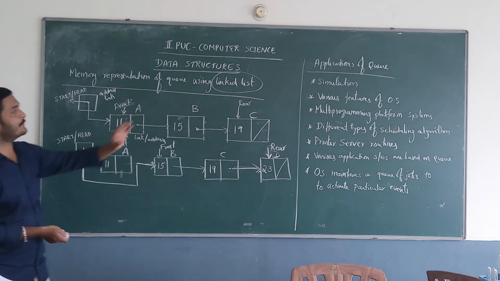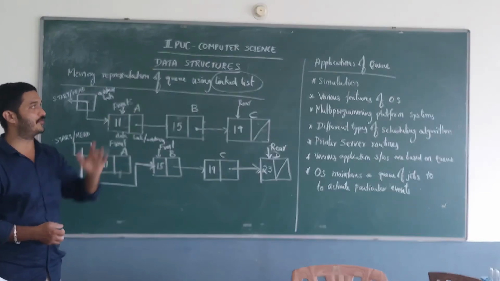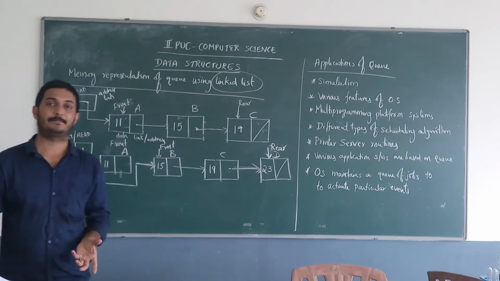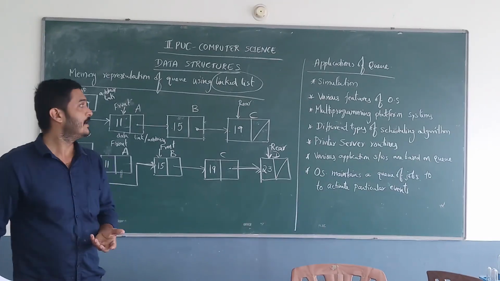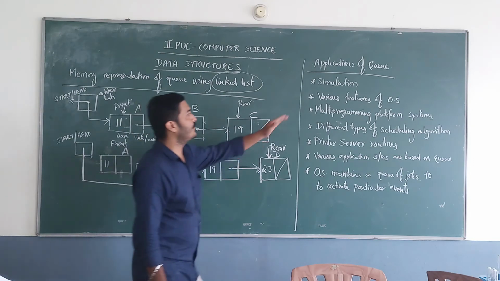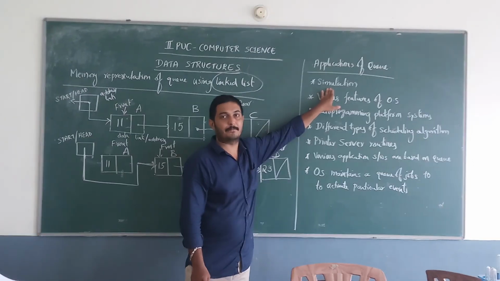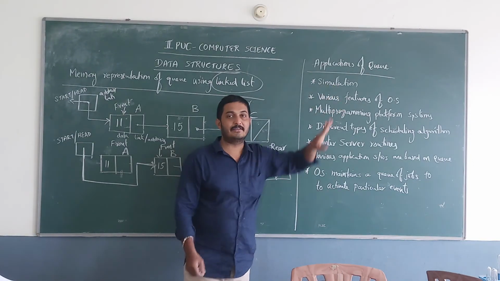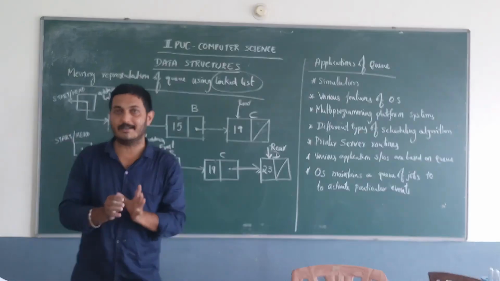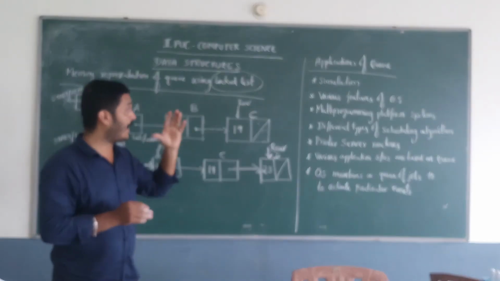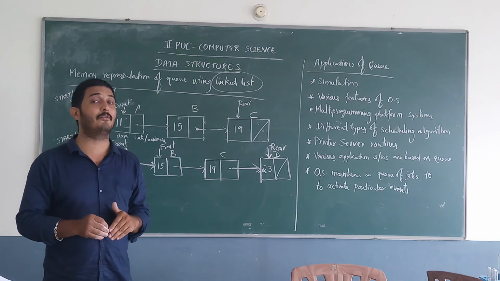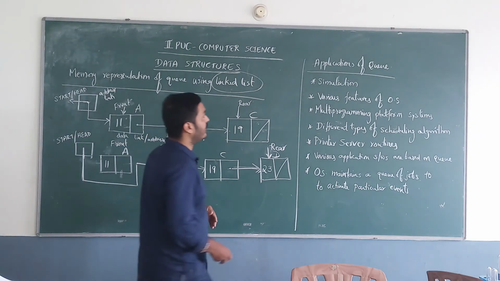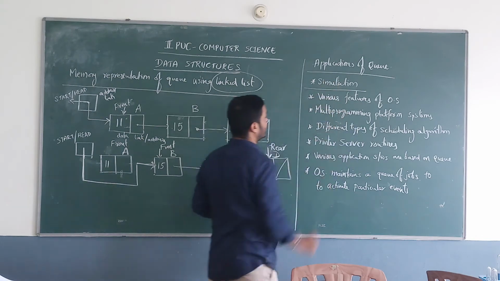The last concept under queue data structure is applications. In various fields we can implement the queue data structure. The first one is simulation. What do we mean by simulation? Simulation means implementation in our practical work, so we can implement the queue data structure in practical work.